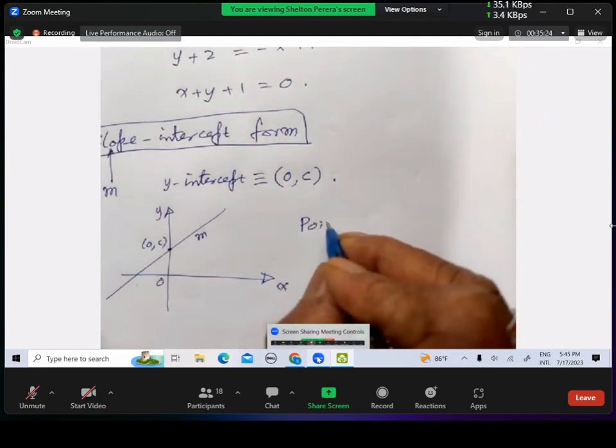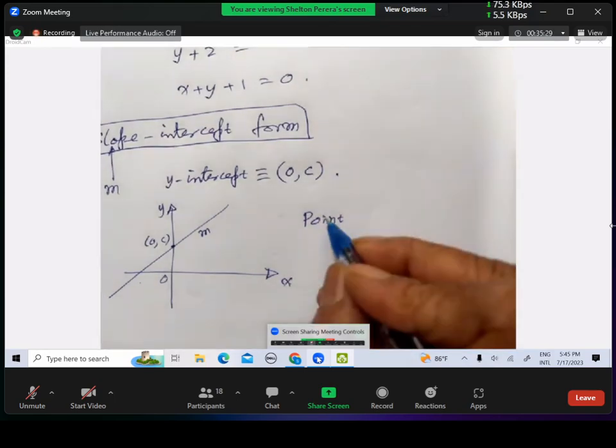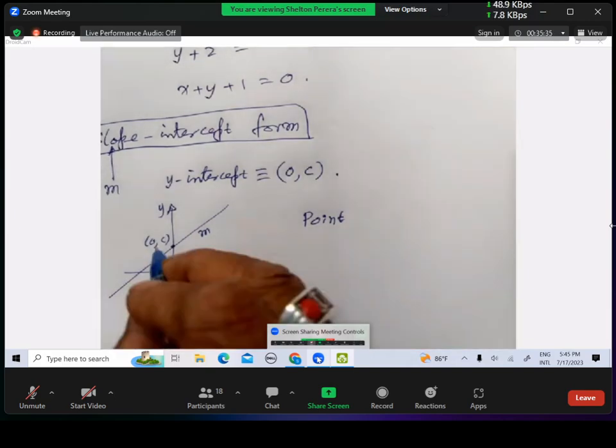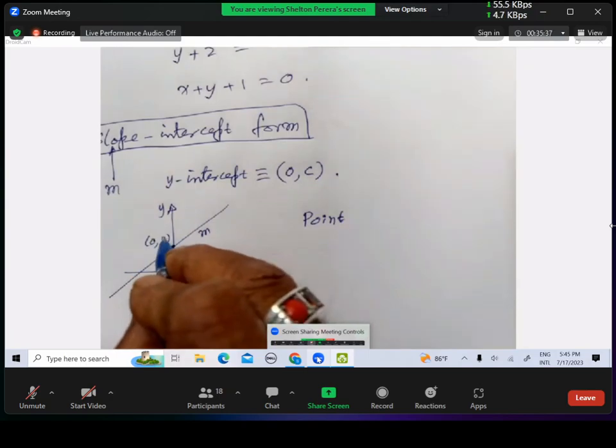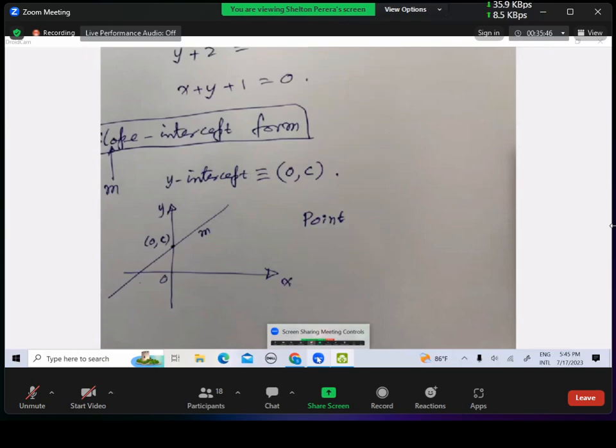But this is important in experimental analysis. When you collect data, the y-intercept has a meaning. It is the value of the y coordinate when the x variable is 0. It's a special point, and the equation looks beautiful.